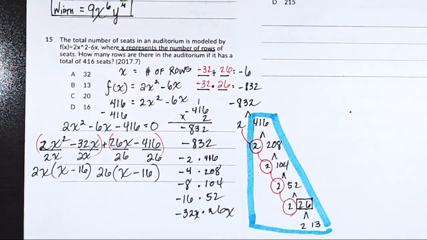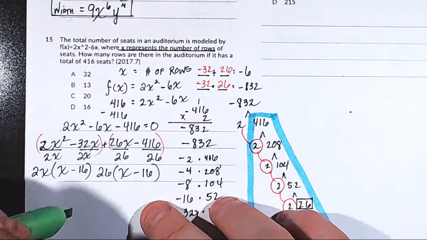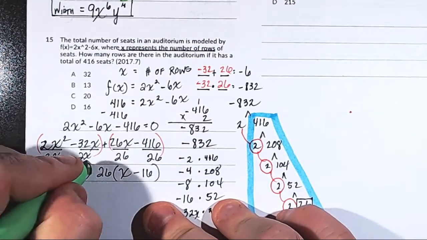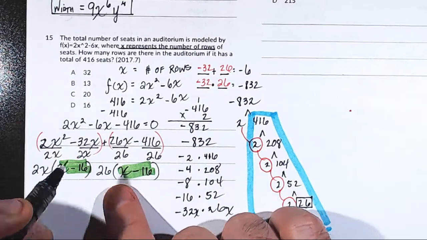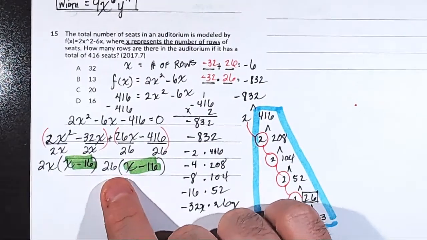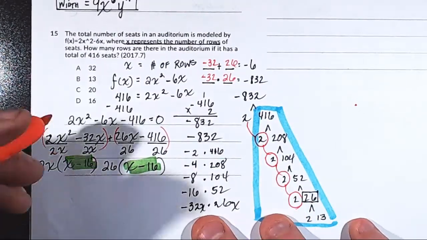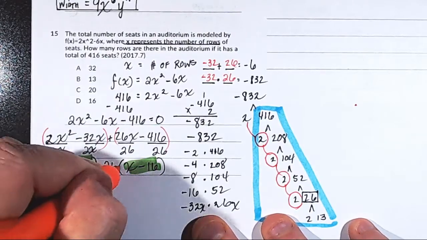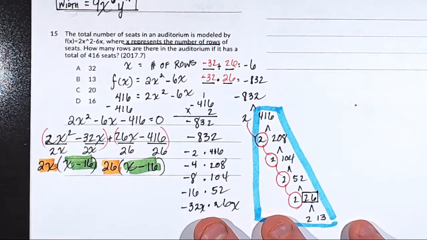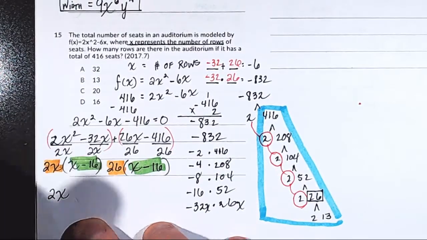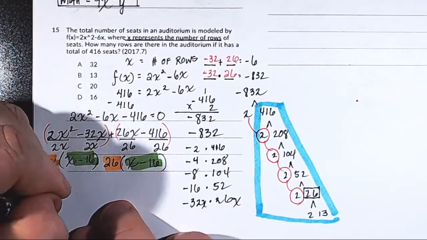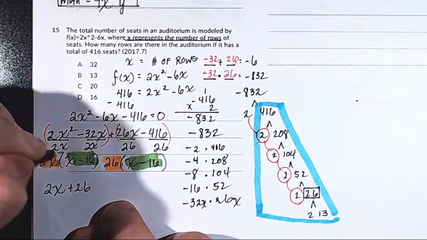Now, with factoring by grouping, once you have these parenthetical factors equal to each other, what you do is you combine these two terms, which I'll highlight in orange, together like this. 2x plus 26.